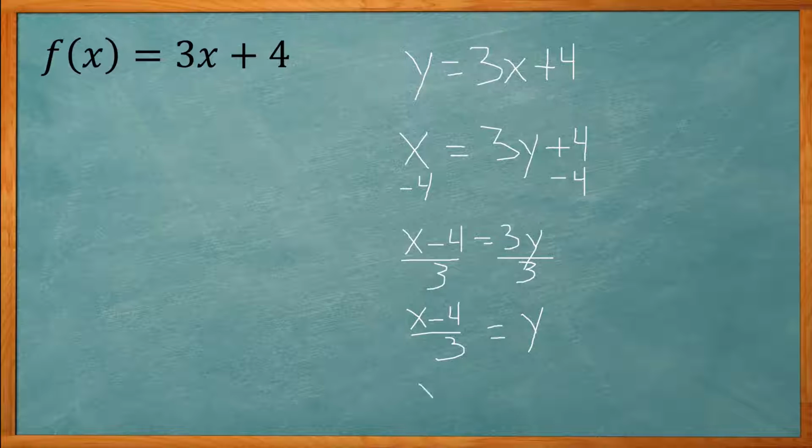Or I can write it as y equals x minus 4 over 3. And your last step is to change the y to the inverse function notation. So f negative 1 of x equals x minus 4 over 3. So that is our inverse function.